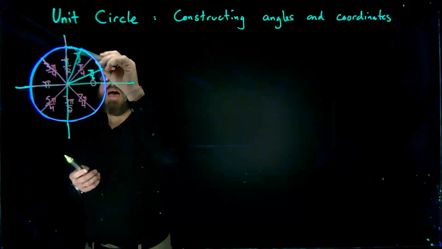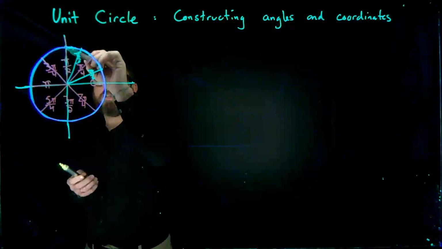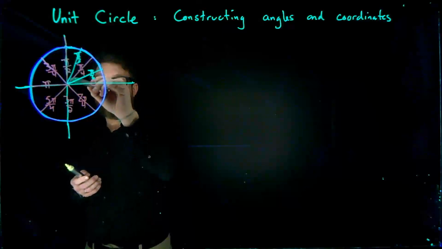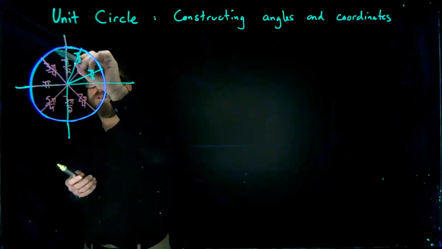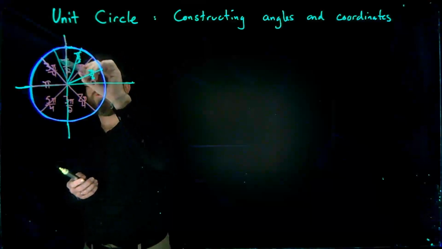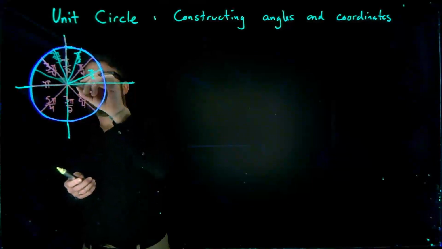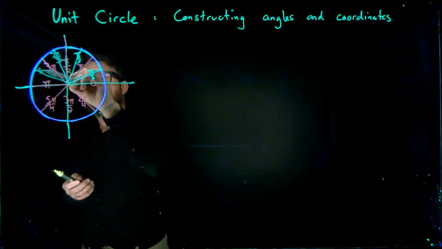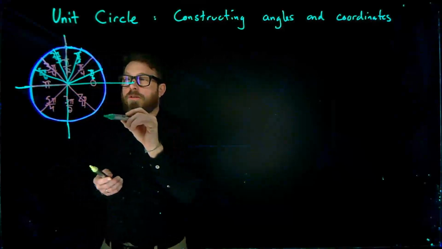So 1 pi over 6, 2 pi over 6, 3 pi over 6 is the same thing as pi over 2, so I'd hit my 90 degrees as well. Then 4 pi over 6, which is 2 pi over 3. 5 pi over 6. 6 pi over 6 gives us that quadrantal angle again.